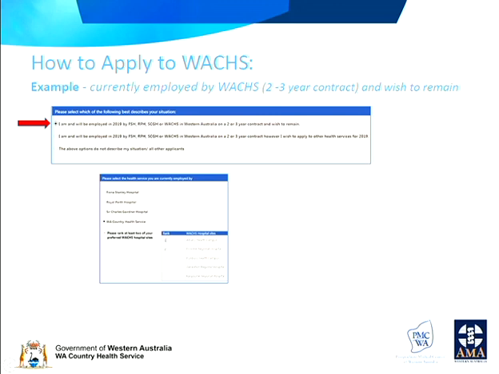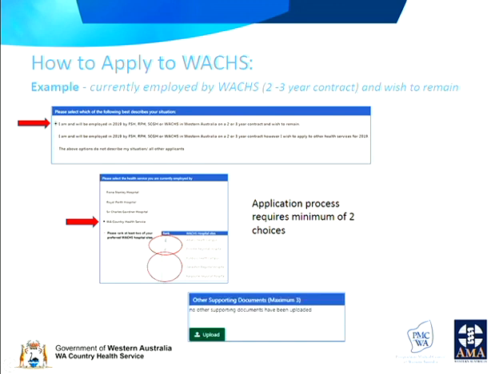Just tick the top box saying that you wish to remain, then choose WACHS as the primary employer. Then you get all of the drop-down sites to rank in order of your preference. It requires a minimum of 2 choices. And then you have an option to attach some supporting documents, a maximum of 3.